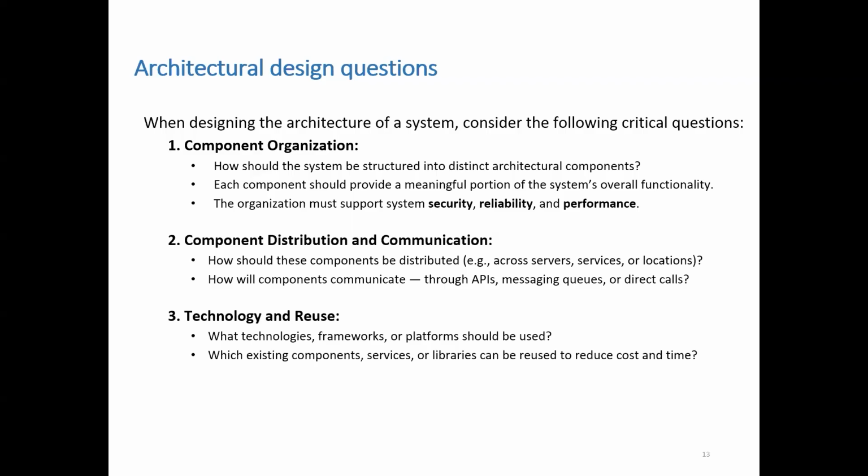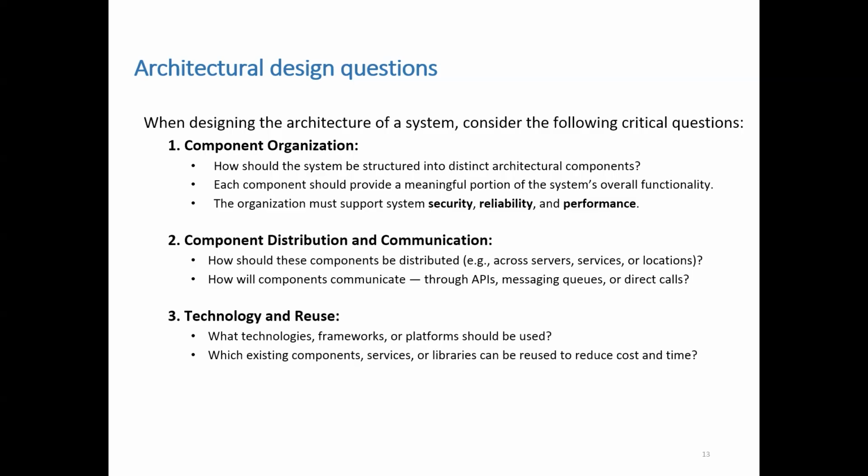Each component should take on a focused responsibility, contributing a well-defined part of the system's functionality. At the same time, your structure should support your goals for security, reliability, and performance. Second, how will these components be distributed and how will they talk to each other?